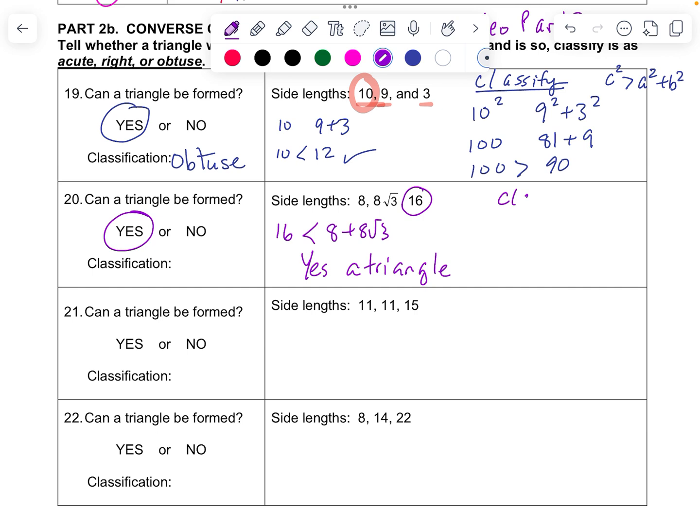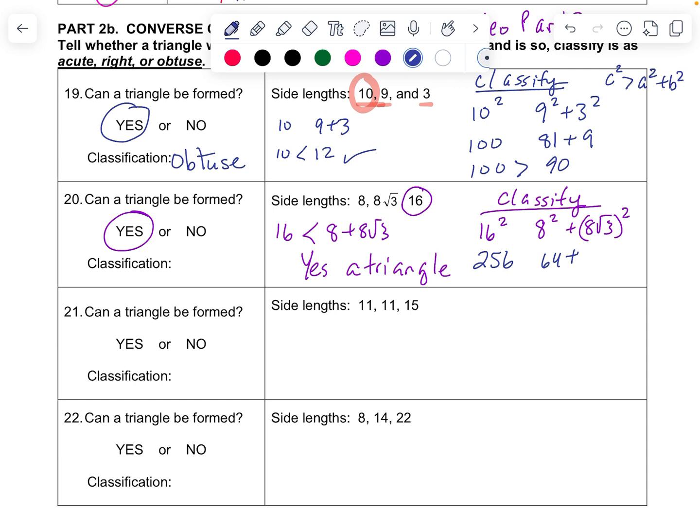All right, for classify, we need to take the square of these sides. So we have 16 squared, and we're going to compare that to 8 squared plus 8 square root 3, that whole thing squared. When we square 16, you're going to get 256. And then your 8 squared is 64.